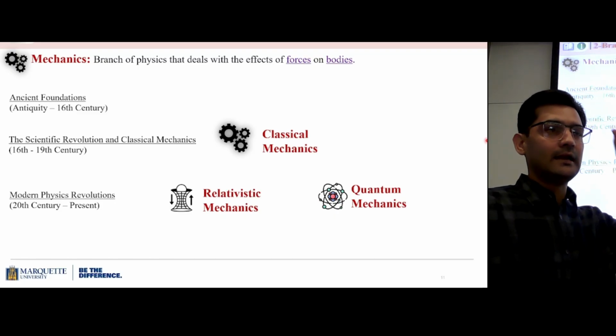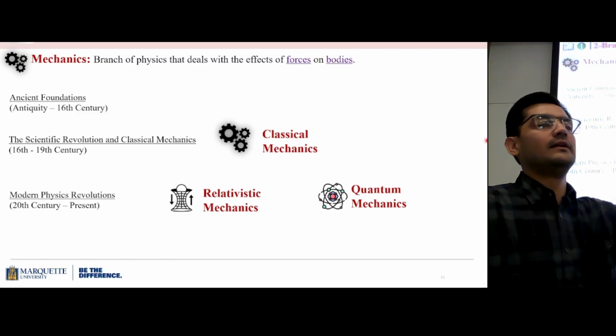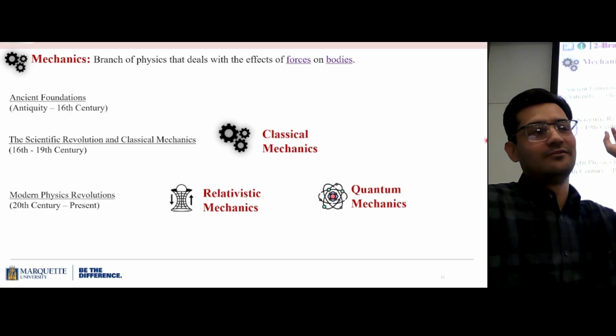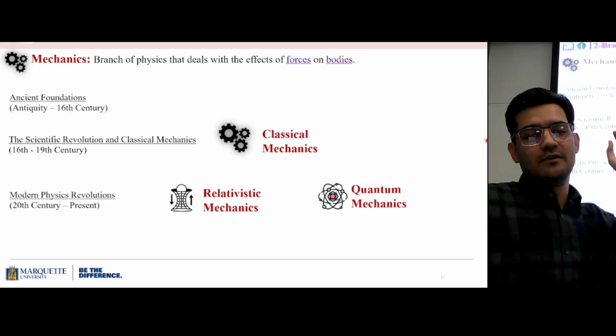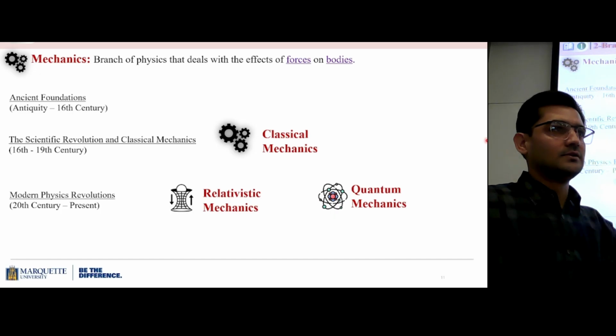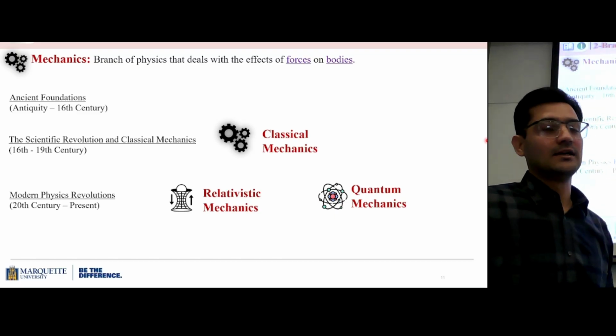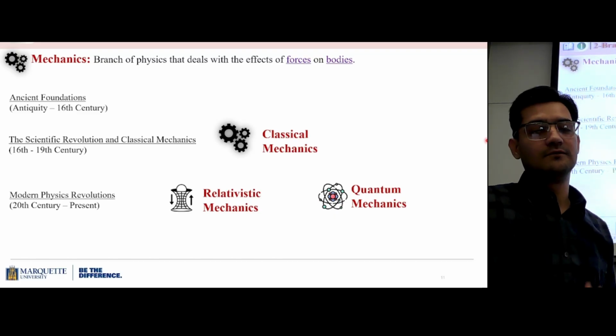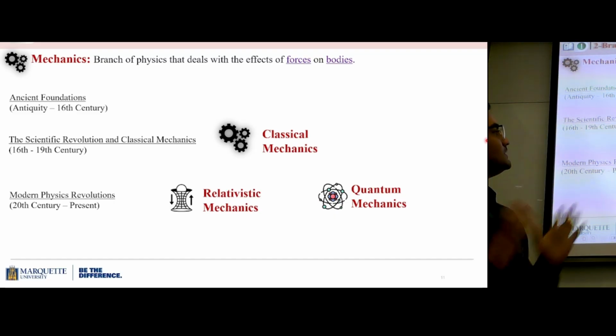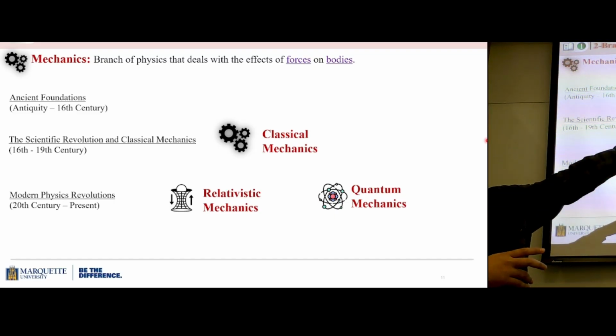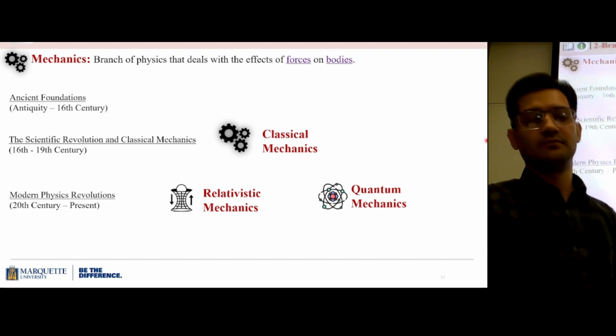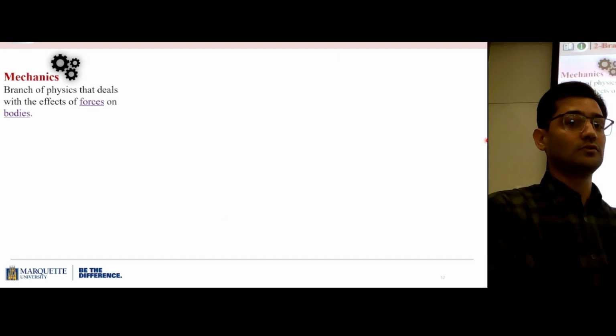And if you go really, really down to the subatomic level, then those laws don't work. Gravity is different, the laws of motion are different, everything is different. It doesn't work like it does under classical mechanics, which you and I can observe. So that's quantum mechanics. These are the three things. We're going to focus on classical mechanics in this subject. So let's focus on classical mechanics.